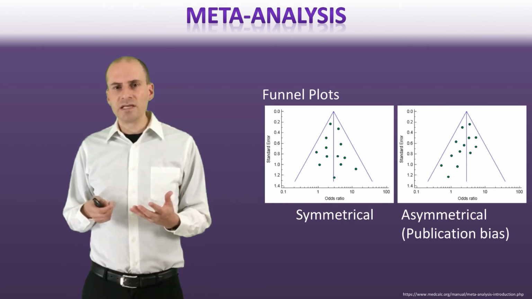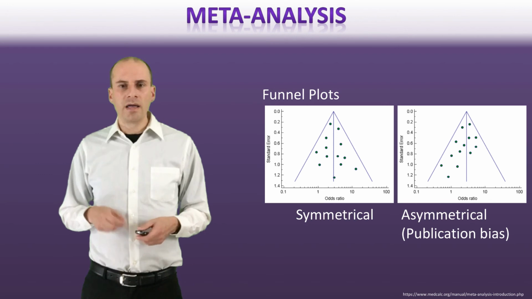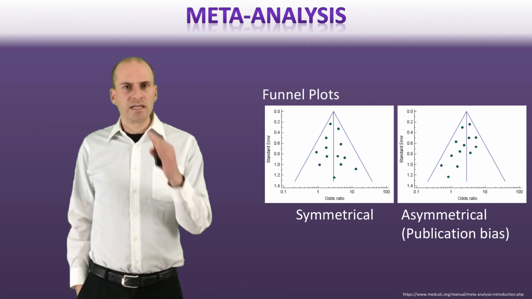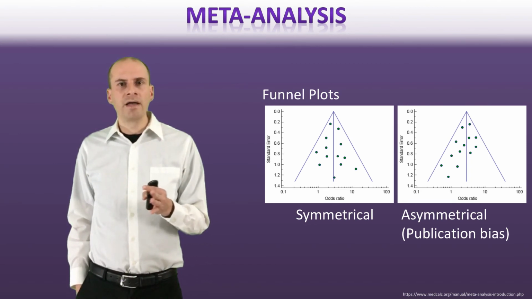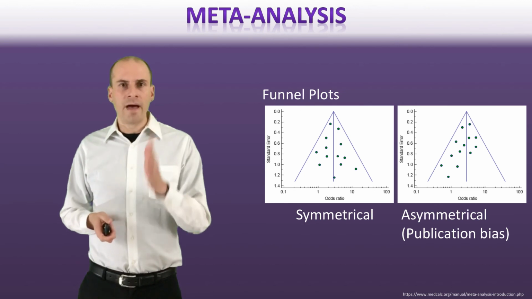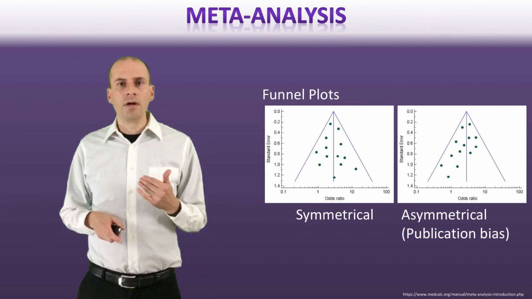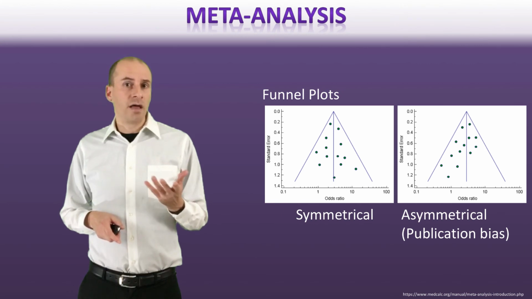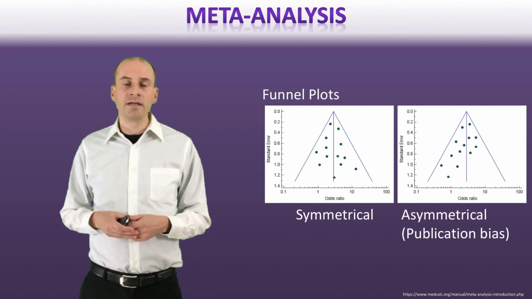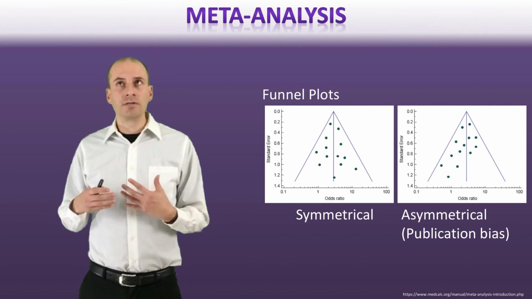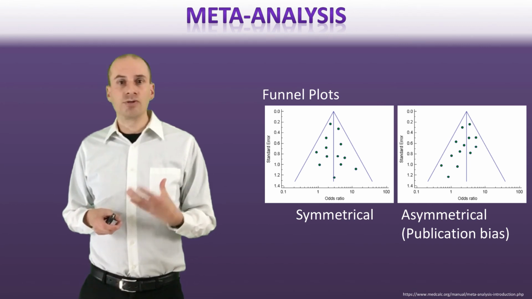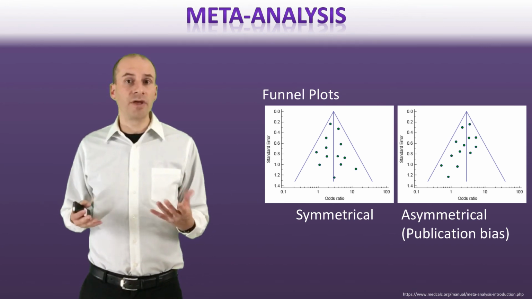I'm not going to go into this in detail, but the point here is that, especially for smaller studies, if you see that there isn't an even distribution across this funnel plot in terms of studies falling to either side of that median, that may indicate that there's actually publication bias in the work that's being looked at. So that would suggest that the findings of the meta-analysis may not be able to be used because the literature that's out there is skewed.